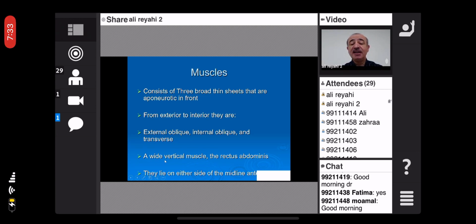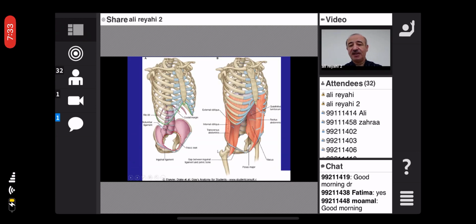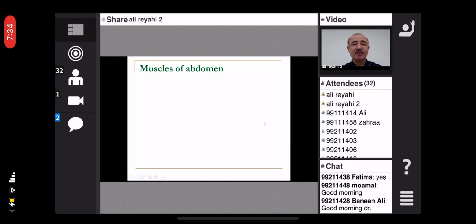In front, the vertical muscle is called the rectus abdominis. They lie on either side of the midline anteriorly. So the rectus abdominis muscle is on each side of the midline, and the external oblique, internal oblique, and transverse abdominis are in the lateral wall of the abdomen.